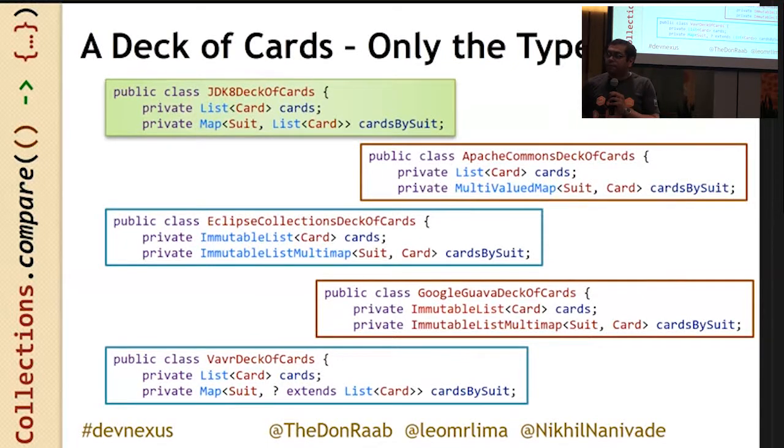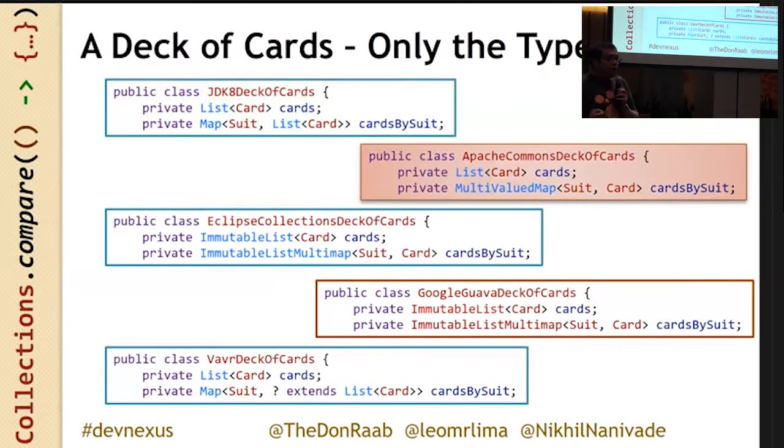The next one is the Apache Commons deck of cards. Apache Commons does not have its own list implementation, so we fall back to the JDK8 list. However, they do have their own multimap, called a multi-valued map. The way you read this is that the key is suit, and then you have a collection of cards.